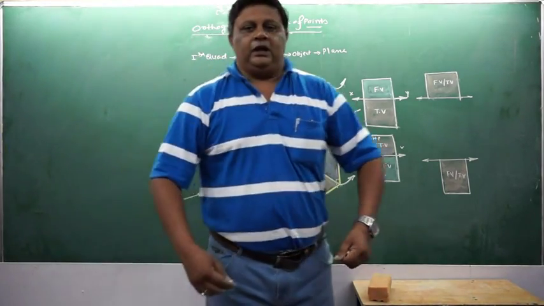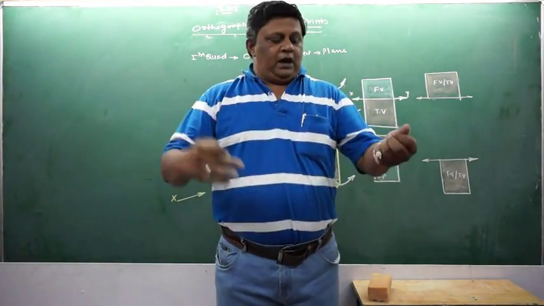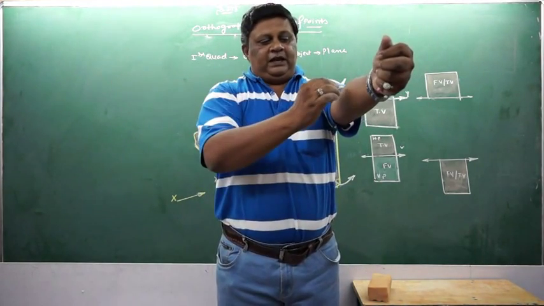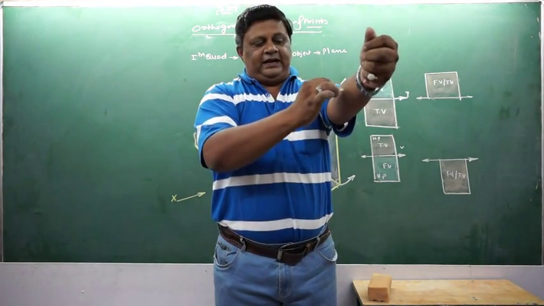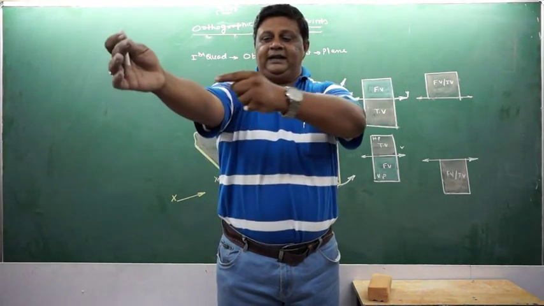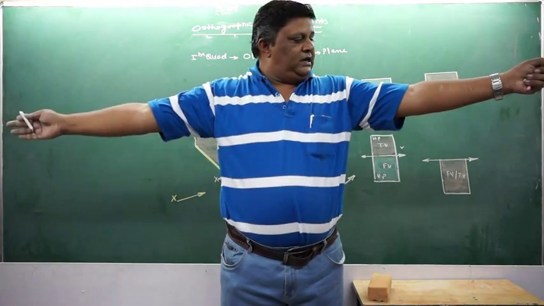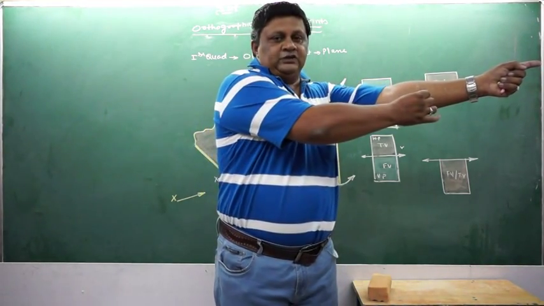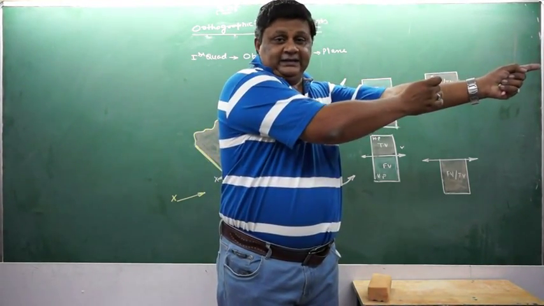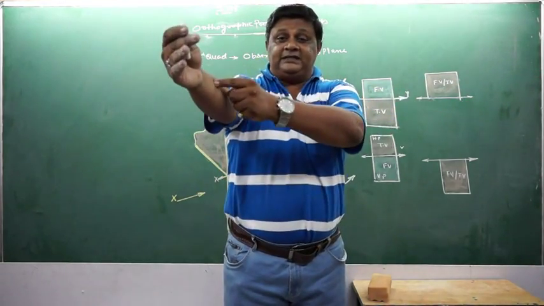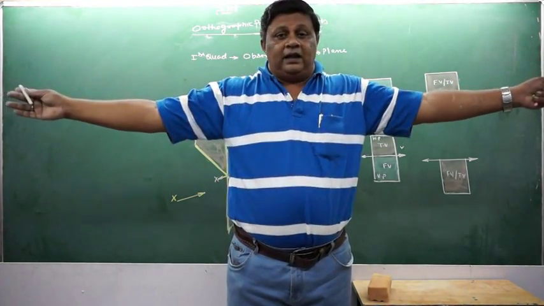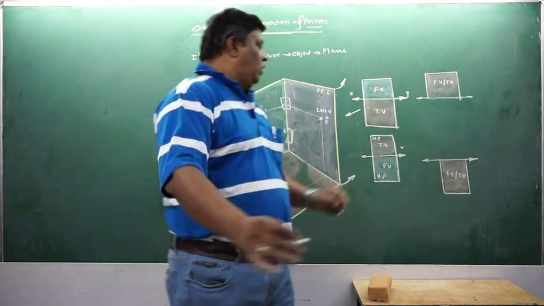If I am standing out here, if this is the VP and these are two PPs, if the left hand view is coming on this side, left hand side view, and the right hand is coming on this side, so if I simply open it out like this, what I see is left hand is going on my right hand side, whereas the right hand side view is going on my left hand side in the first quadrant.